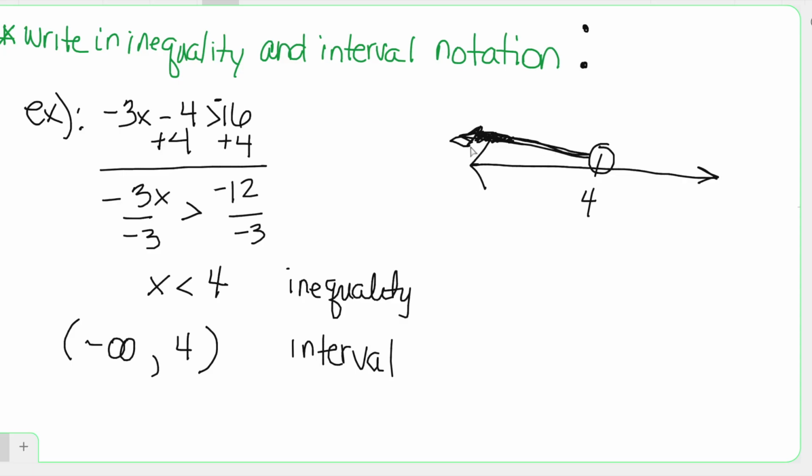We're not going the other direction because that means 4 is less than all the numbers that way, so all my x's would be greater than 4. In this direction is less than 4. That means 4 is the highest number, but x will never be 4 because it's not including 4.